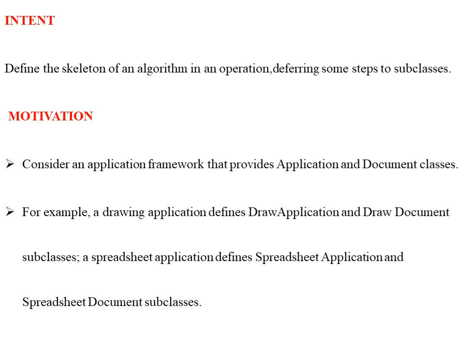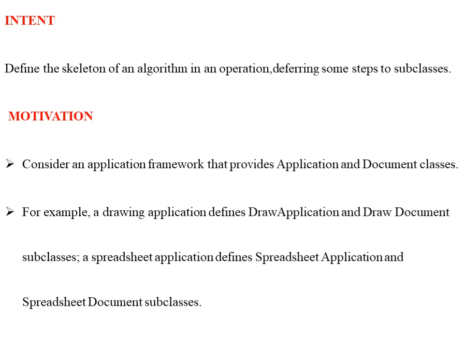In the template method pattern also we define two things, application and document. For example, if you take WhatsApp as an application, the product is a document which we access from the application. Consider an application framework that provides application and document classes.